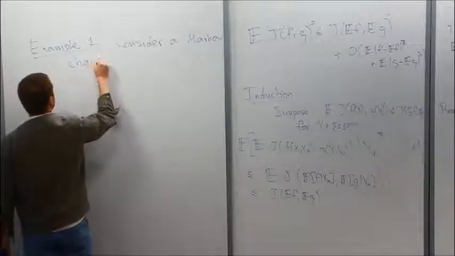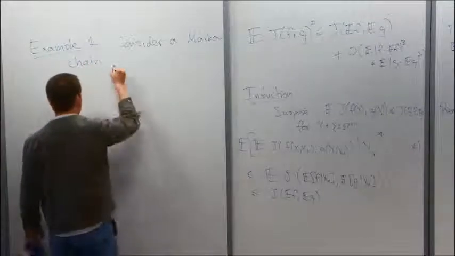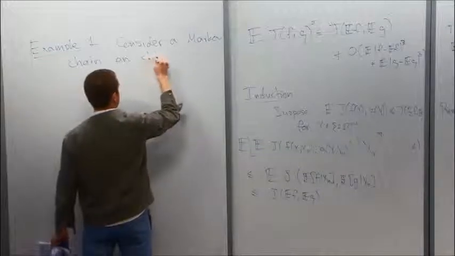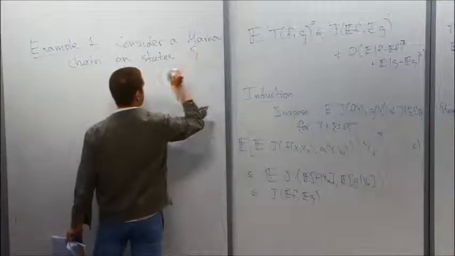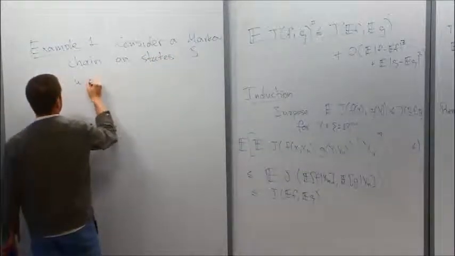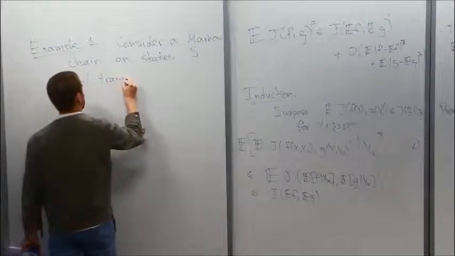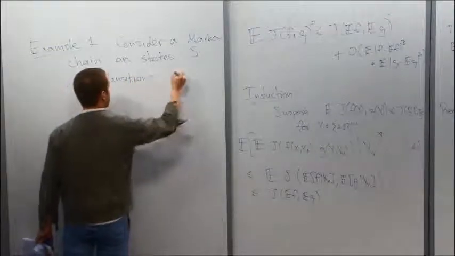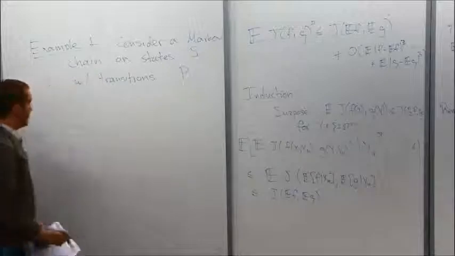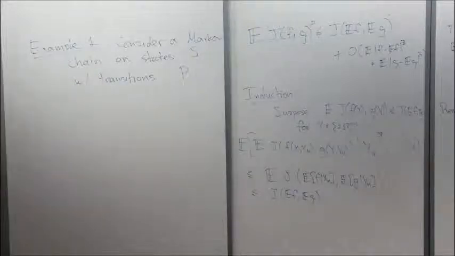For now, let's suppose it has finite states. Call the state space S, and call the transition matrix P. Okay. Now, actually, I don't just want one Markov chain. I want two Markov chains.